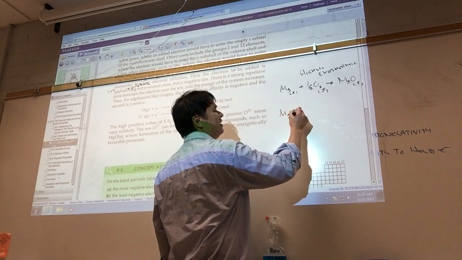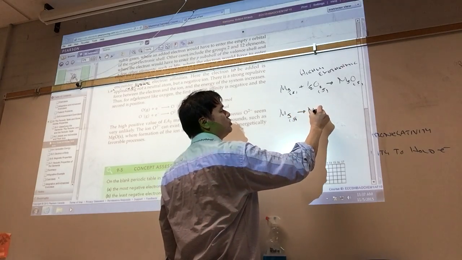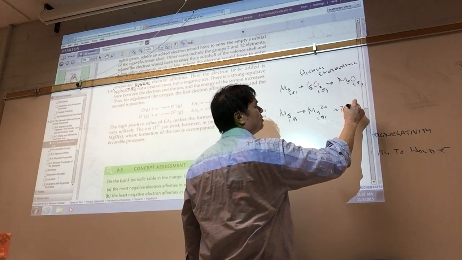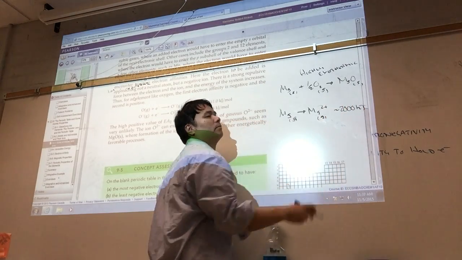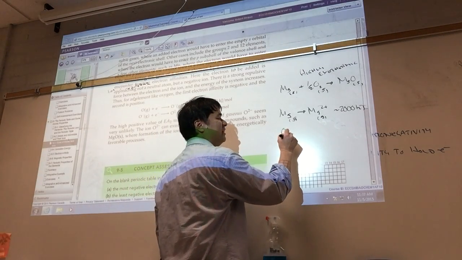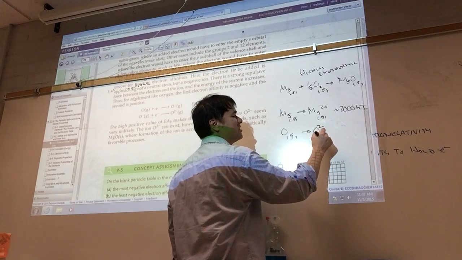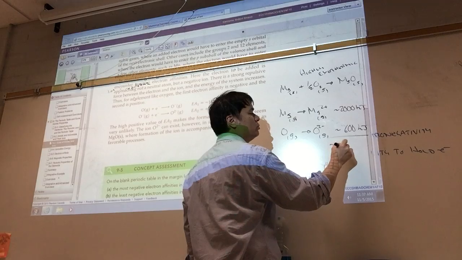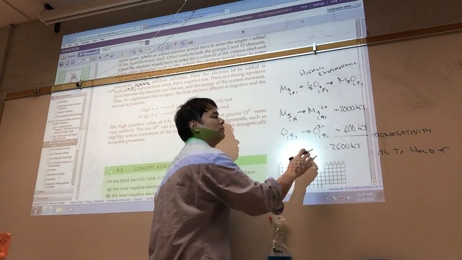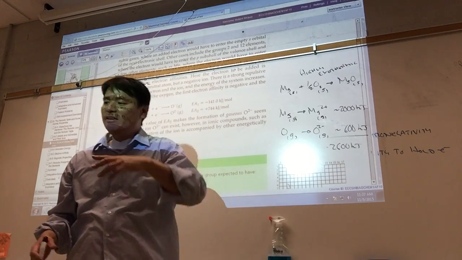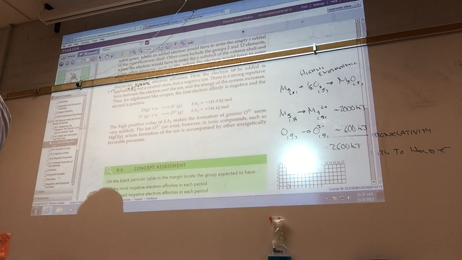Going from magnesium in the gaseous state to magnesium 2+ in the gaseous state costs you about 2,000 kilojoules per mole. Going from oxygen in the gaseous state to oxide in the gaseous state is going to cost you about 600 kilojoules. So altogether, we're looking at 2,600 kilojoules worth of energy to form the noble gas electron configuration ions. And so why even bother forming the ions if it's going to cost you that much? Why would you?